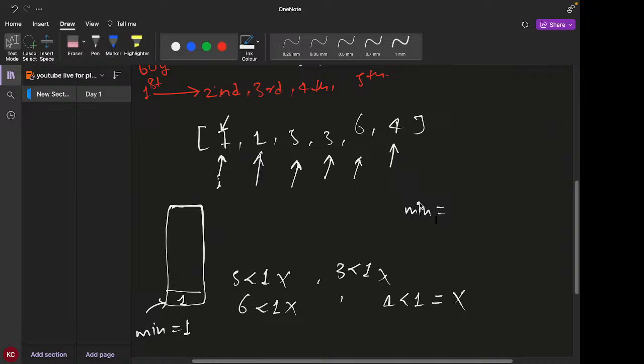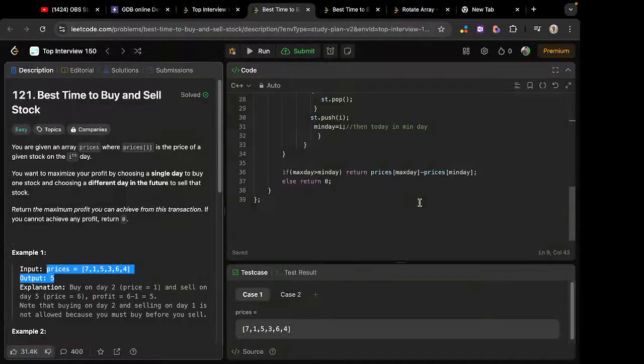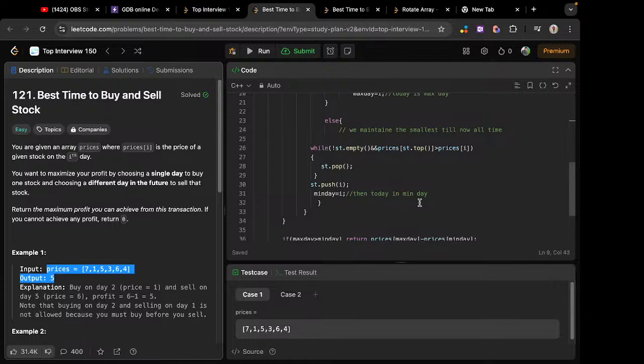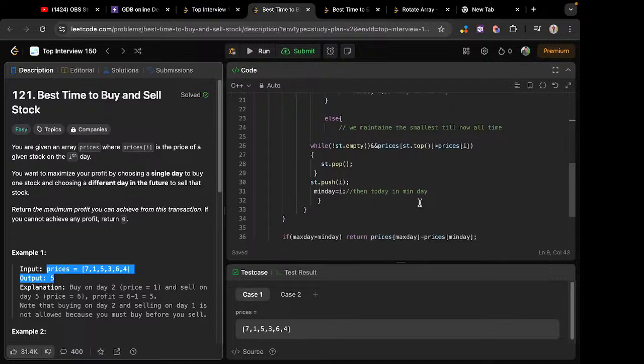So there is another, let me think why I am doing this. I have to maintain the smallest till now.